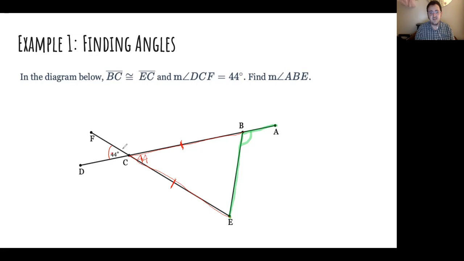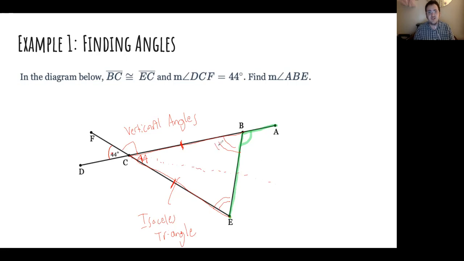And I got that because these were vertical angles. And I also notice here that I have an isosceles triangle. And I can use the base angles theorem. So down here and down here, and this isosceles triangle is nice and symmetrical.